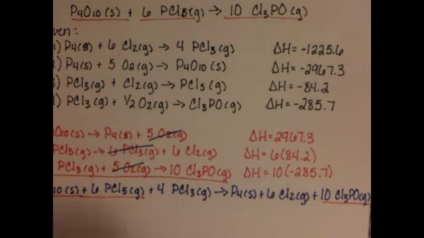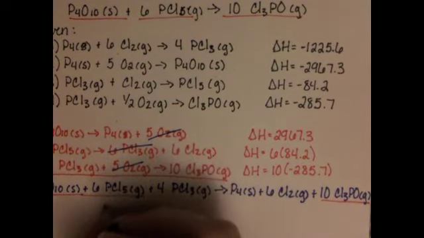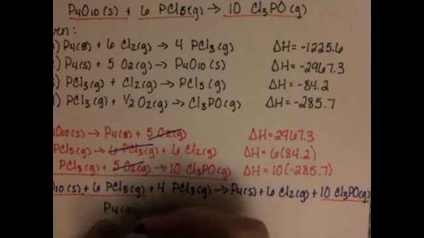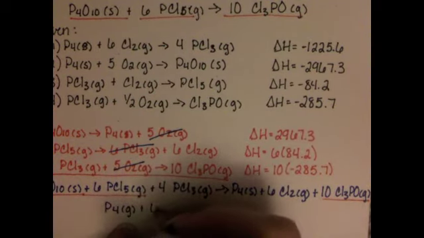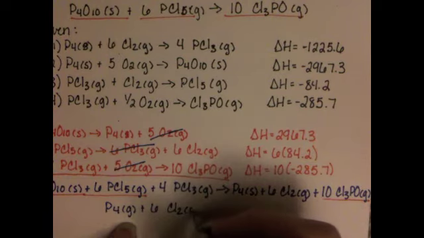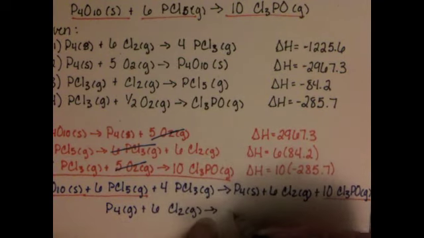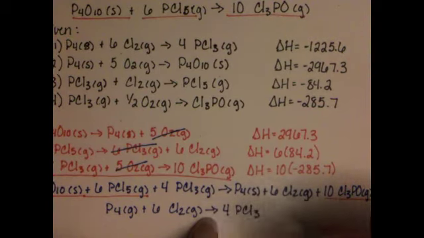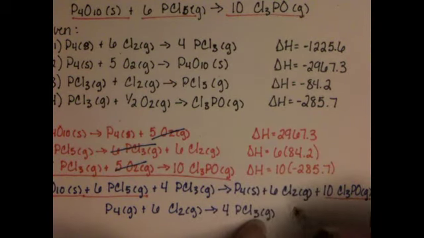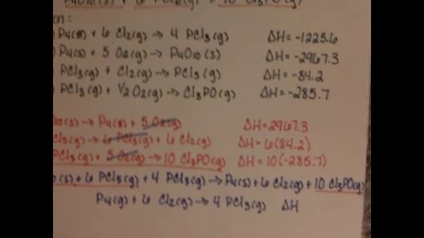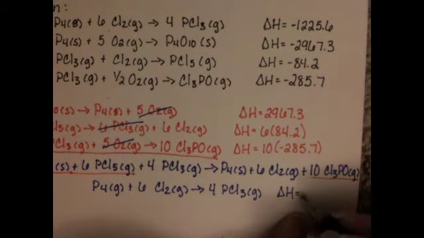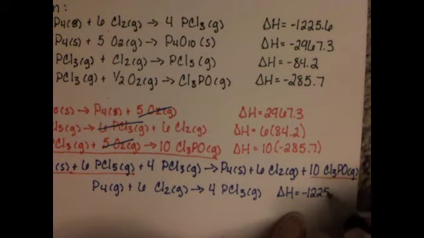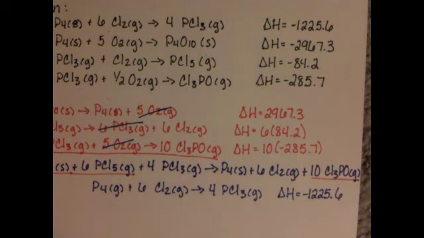If we add that in, I'm going to use that blue again. We're going to add in P4 plus 6 Cl2 gas to produce 4 PCl3 gas. And that delta H, just the way the equation is written, because we didn't change it at all, that delta H is negative 1225.6.